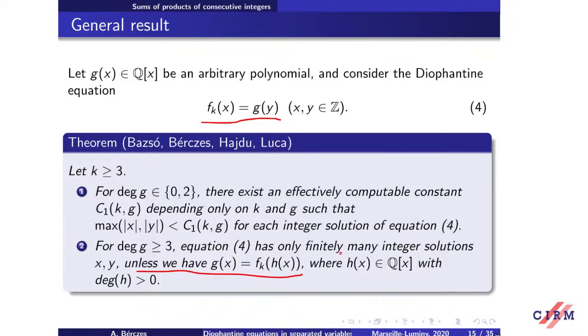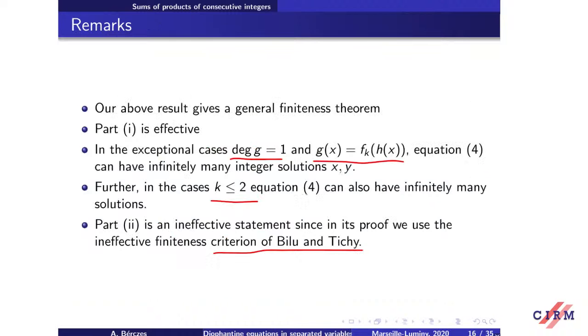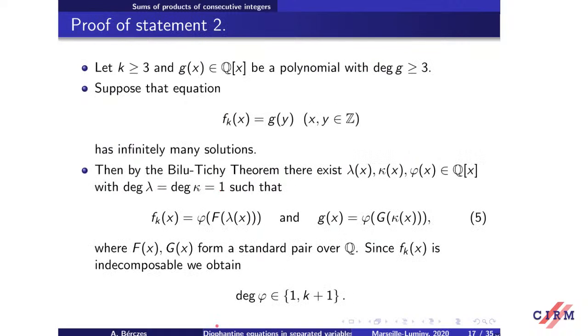So it is this part of the theorem. As in the theorem, we assume that k is larger or equal to 3, and g is a polynomial with rational coefficients of degree at least 3. And we assume that this equation has infinitely many solutions. Now let us see what we can infer from that.